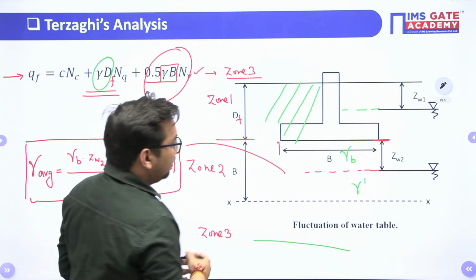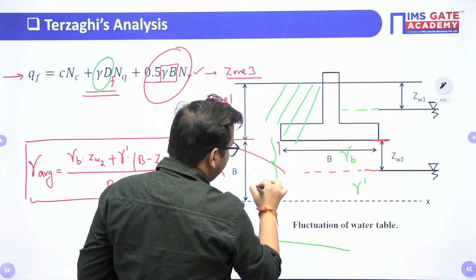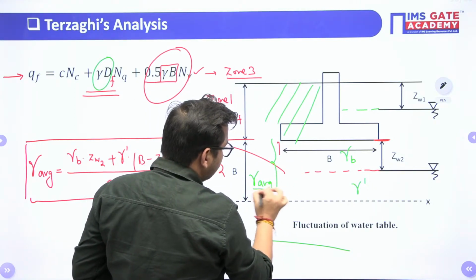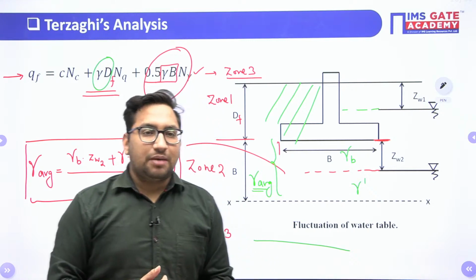So here the gamma will be what? For this soil you have to take the gamma as gamma average. Here you have to take the gamma as gamma average.